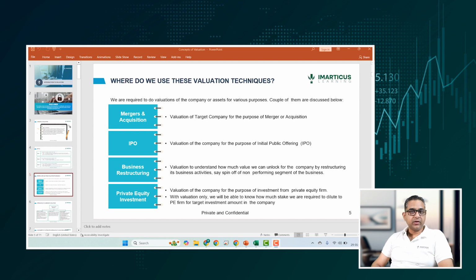And if yes, then at what price they want to purchase, for 5% equity, 10% equity. So again, the valuation comes into the picture in such use cases as well.